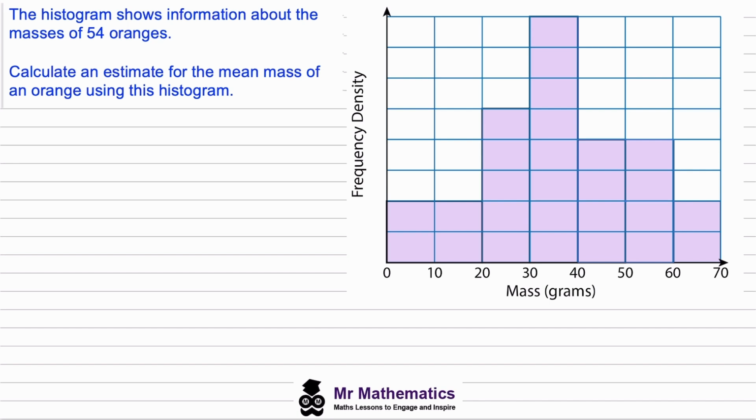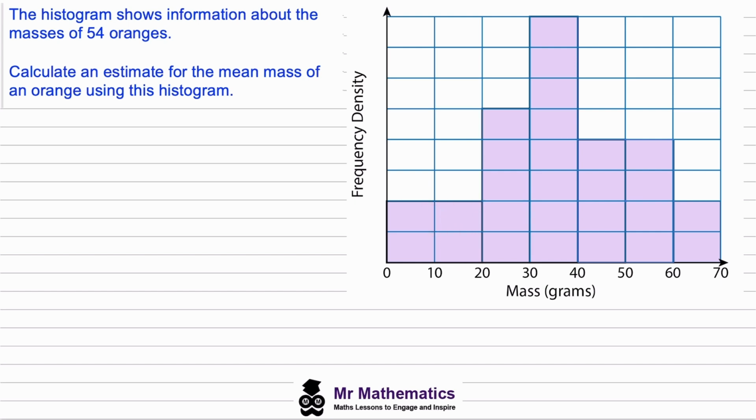Okay, so welcome back. So the problem we have in this question is that we haven't been given the scale for the frequency density. But what we have been told is that the total frequency is 54 oranges. So what we can do is work out the frequency that's represented by each of these smaller rectangles.